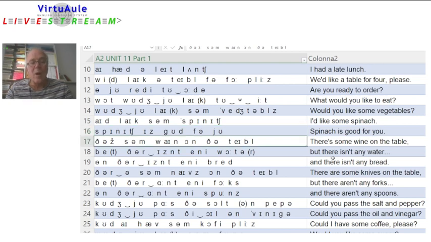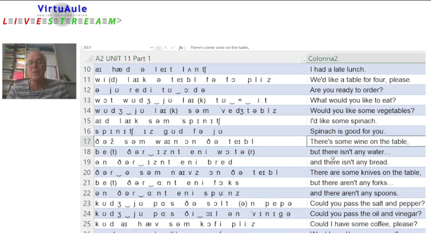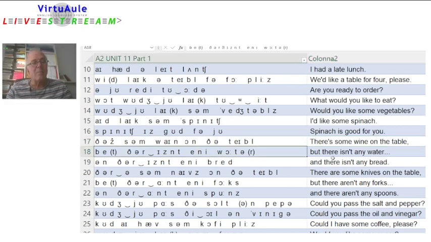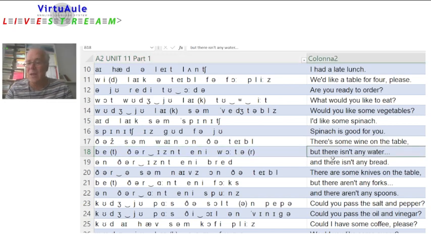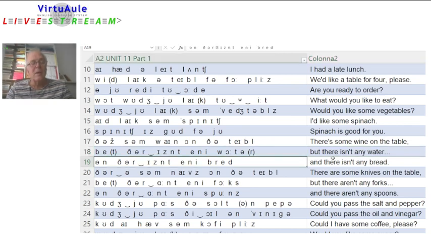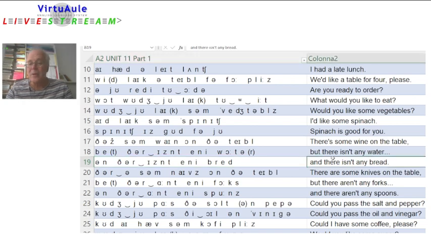There's some wine on the table. But there isn't any water. And there isn't any bread.